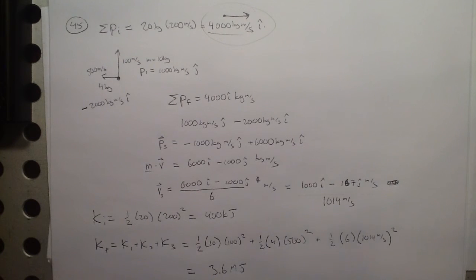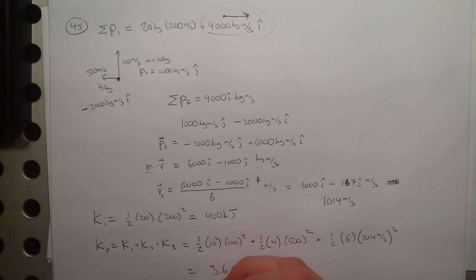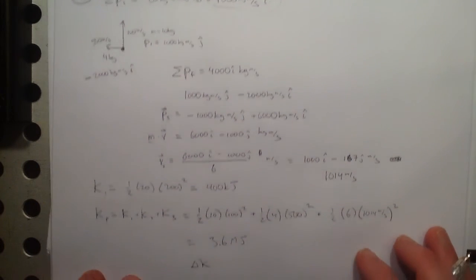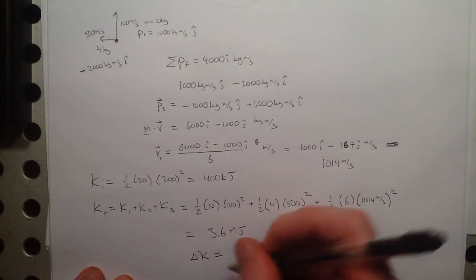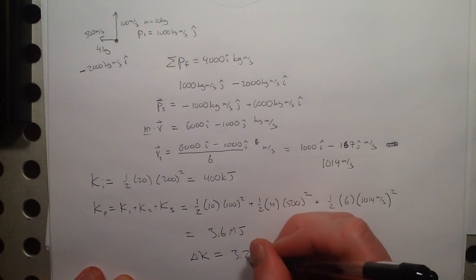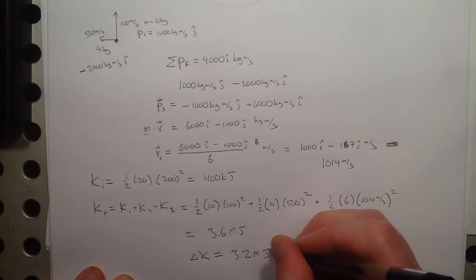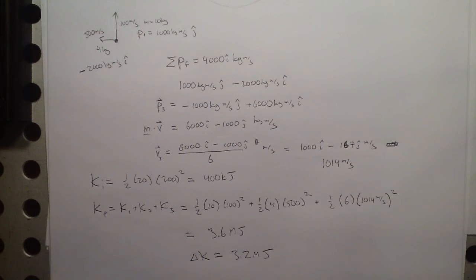So the increase is about positive 3.2 megajoules, right? This minus that. And that's the end of that assignment.